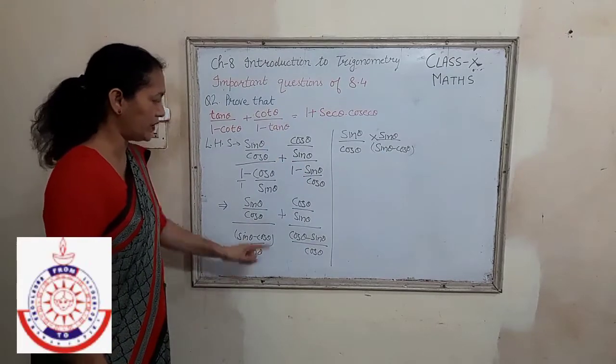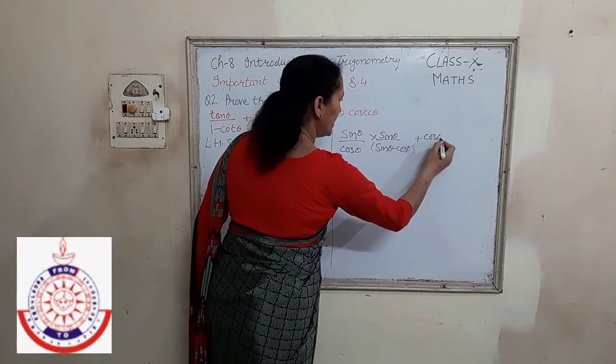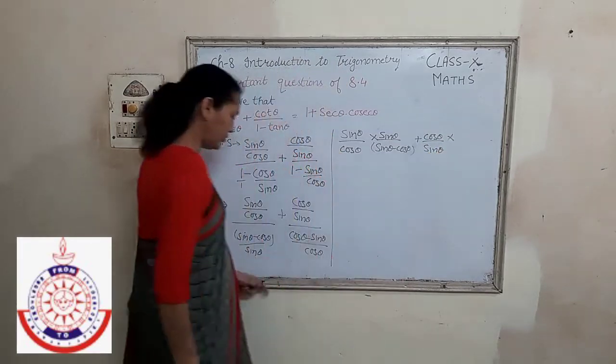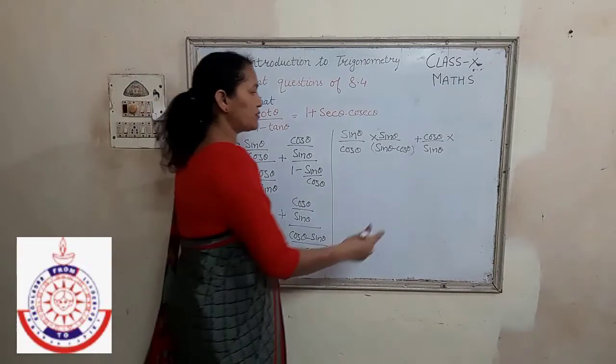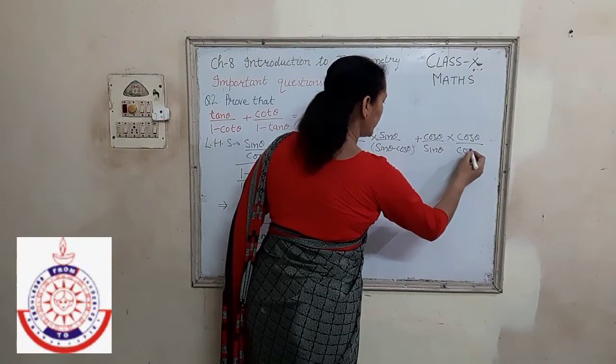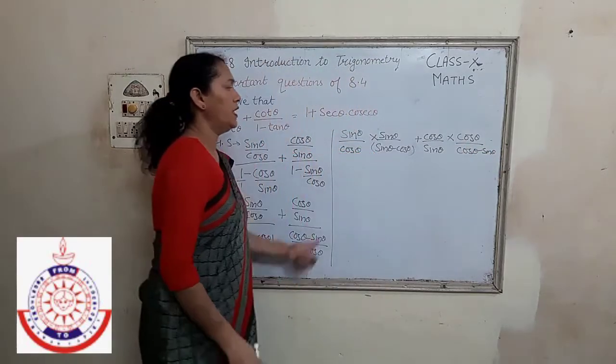Same here, we'll be having cos theta upon sin theta, into the reverse manner, so we'll be having cos theta upon cos theta minus sin theta.